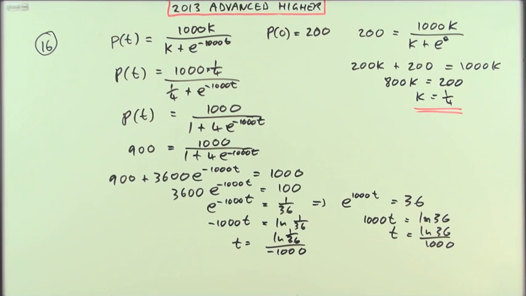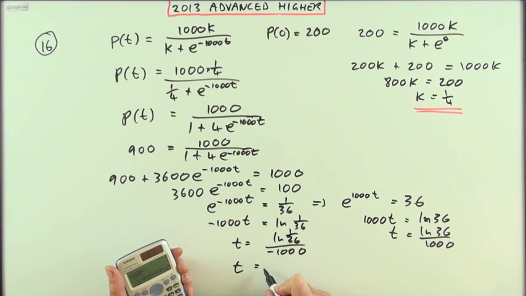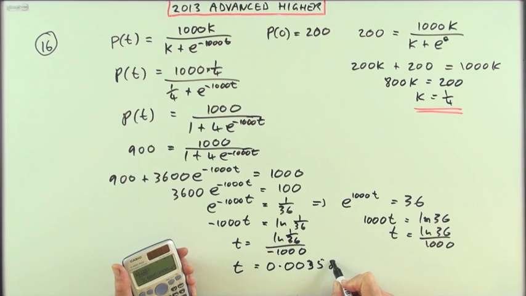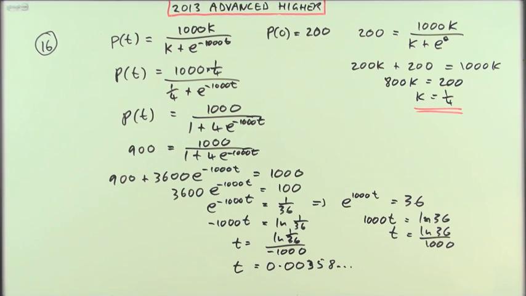Now it's just a case of, will that do, or will we need to press some buttons? And you press the buttons and you get 10 to the negative 3, that's 0.00358, etc. And then you begin to think, how can that possibly be?